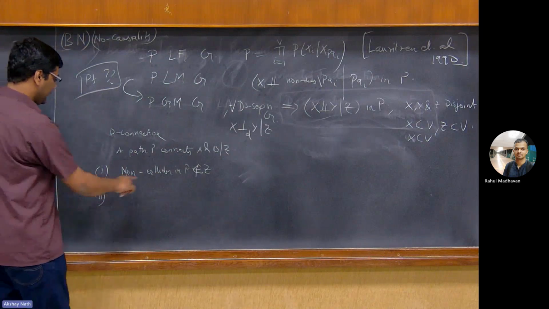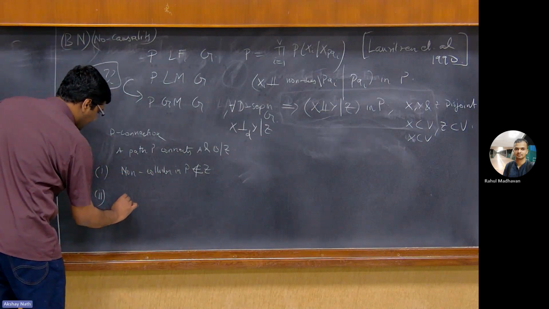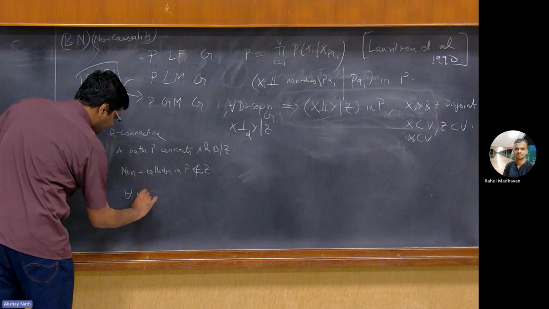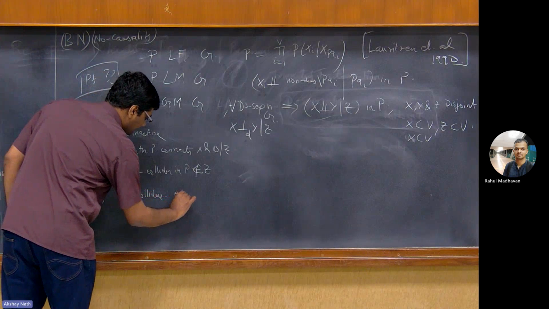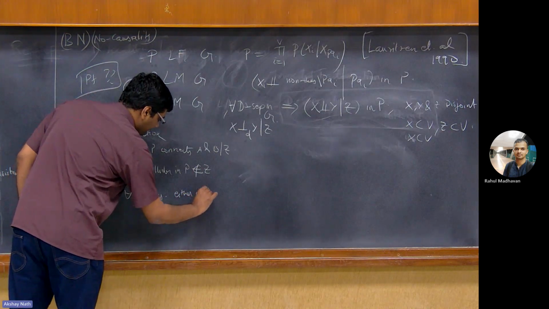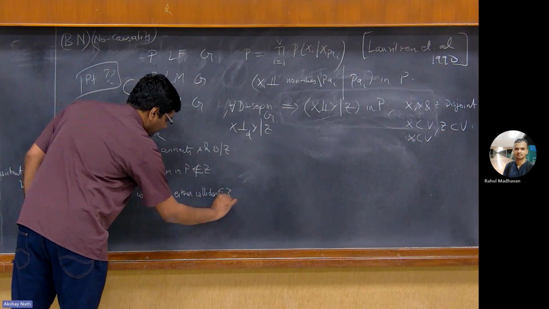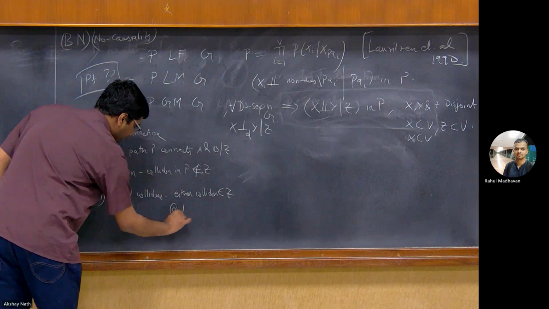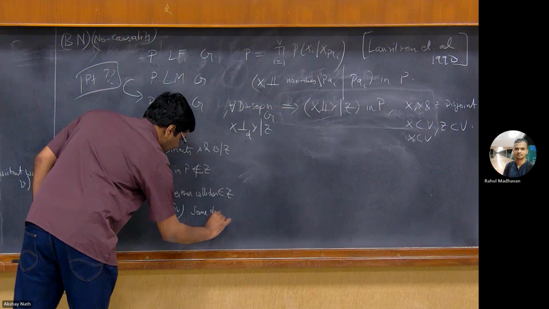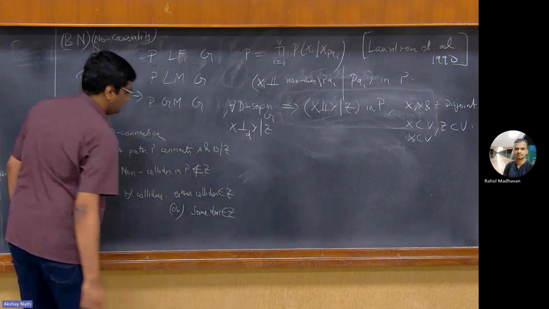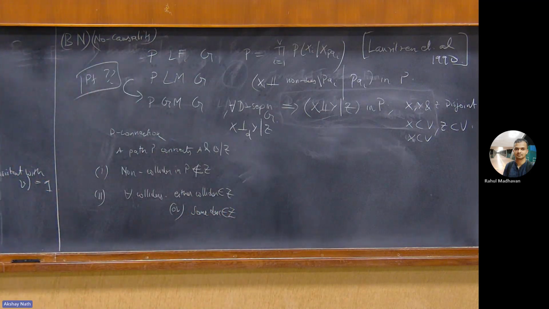The second condition is that for all colliders, either the collider itself is in Z or some descendant is in Z. It's a mouthful, but that's what it is.